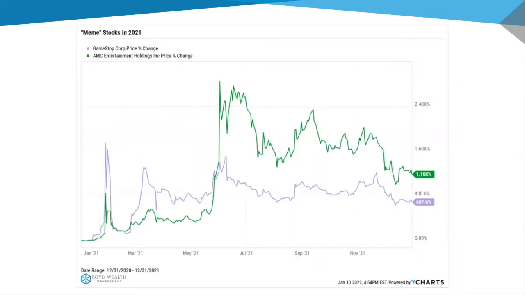Let's talk meme for a second. So 2021 sure was the year of free-flowing capital, right? And that found its way into highly speculative assets. And meme stocks were no different. I'm showing here GameStop and AMC, which ended the year more than 50% off of their highs. But these struggling companies turned in solid returns thanks to the Wall Street Bets Reddit gang.